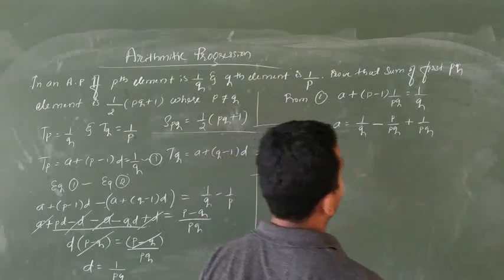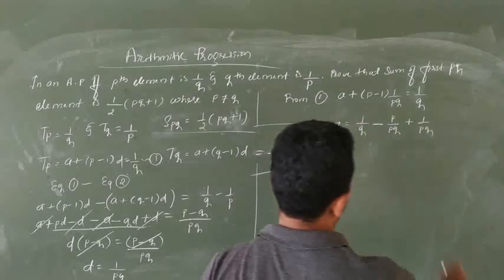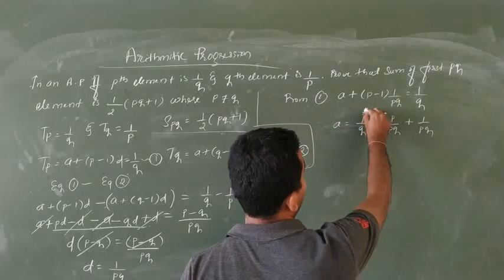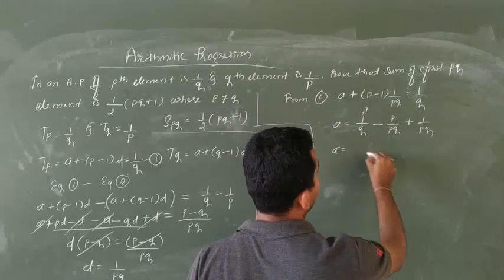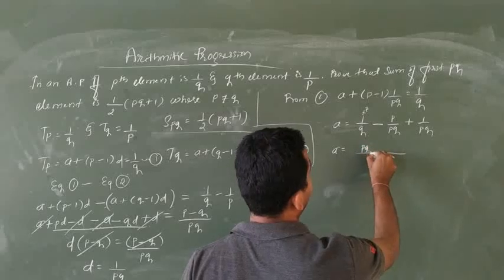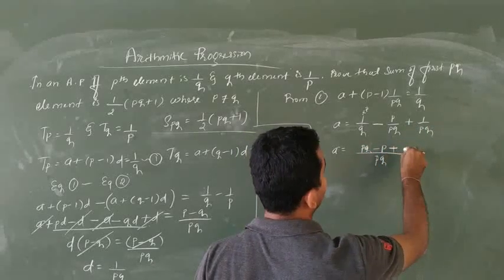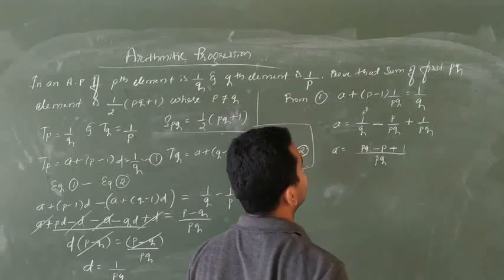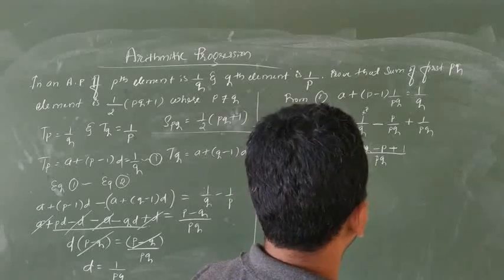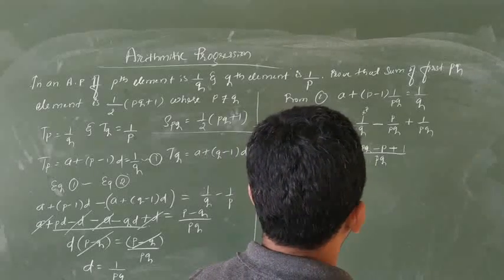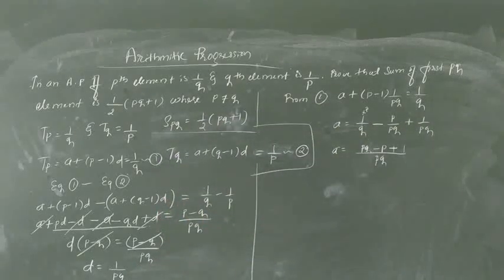Okay, so here the LCM is PQ, and I multiply this one with P. Then A is equal to, LCM is PQ, and here it is PQ minus P plus 1, and here it is plus 1. Okay, so here I am just going to check this one. What can we do?